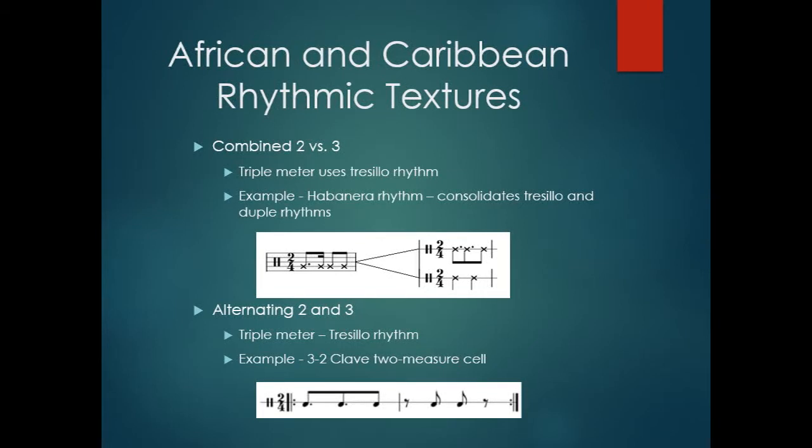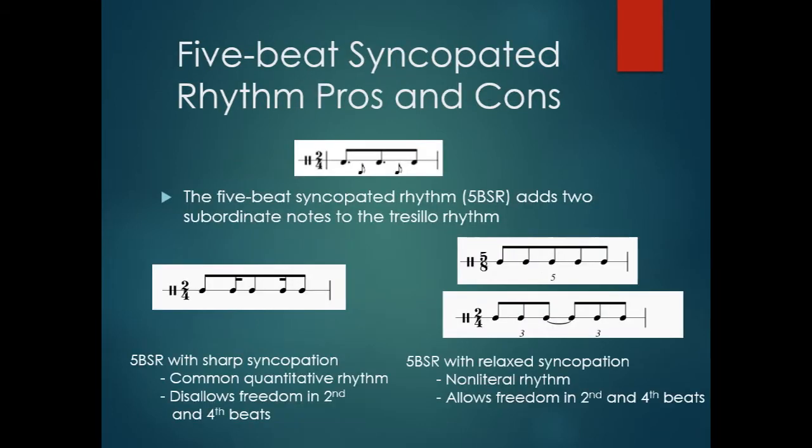So we have a constant alternation of duple and triple, or in this sense, triple and duple. Now, going back to the 5-beat syncopated rhythm, if you look at the first figure there, we have the tercia rhythm, and we add the 2 secondary notes to the tercia rhythm to form the 5-beat syncopated rhythm.